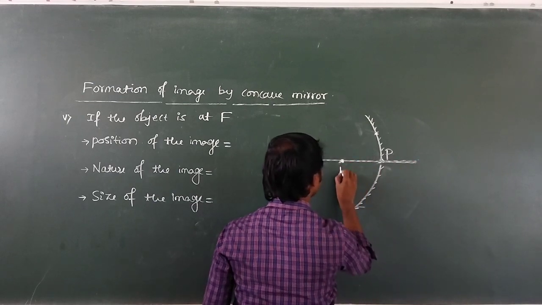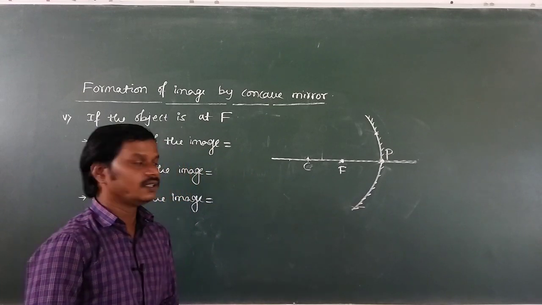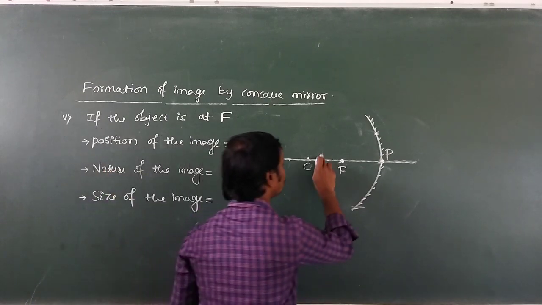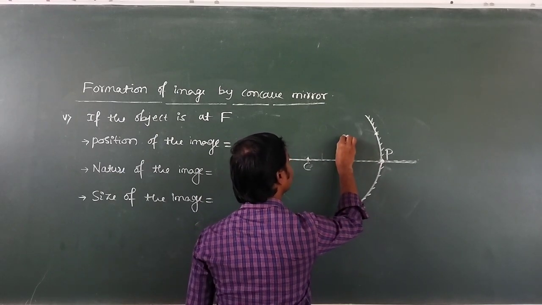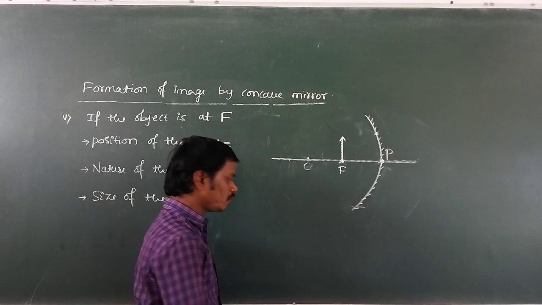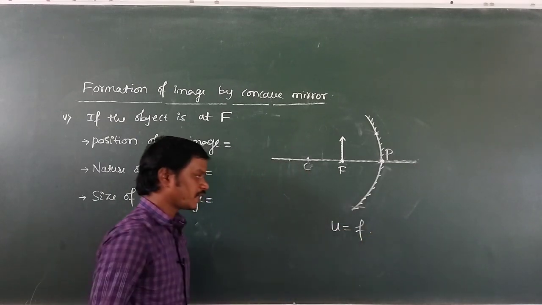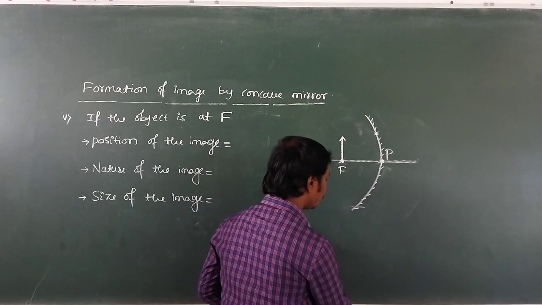Then it is focus, pole. Now in the fifth case, where is the object? Object is at focus, means object distance is equal to focal length. U is equal to F. Okay. Now where will its image be formed? So again we have to consider how many rays?